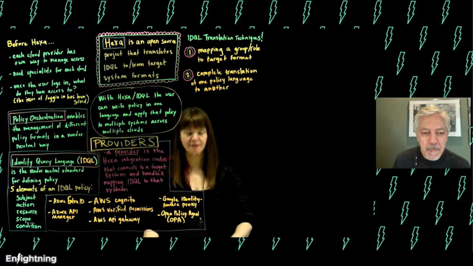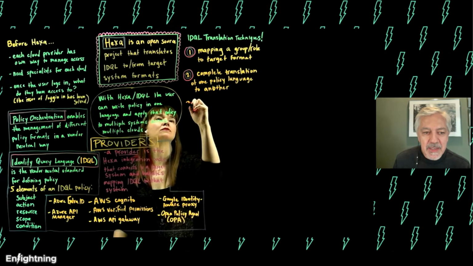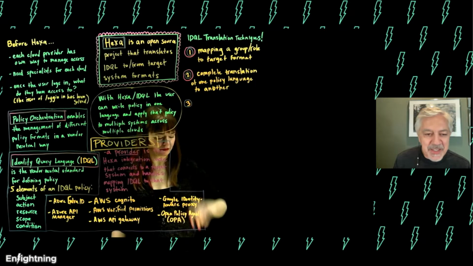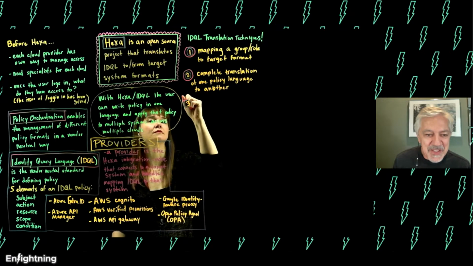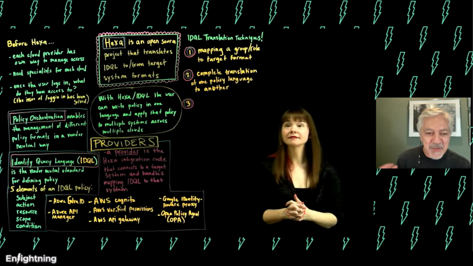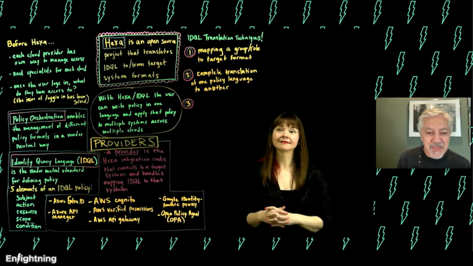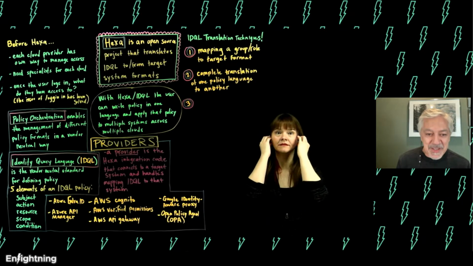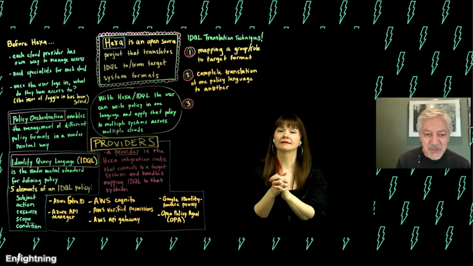Cool. So that's number 2. And number 3 actually relates to OPA, Open Policy Agent. As we were talking about OPA before, we said that Rego is really not just a policy language, it's really a programming language. So we were looking for ways to translate to and from IDQL to Rego or back.